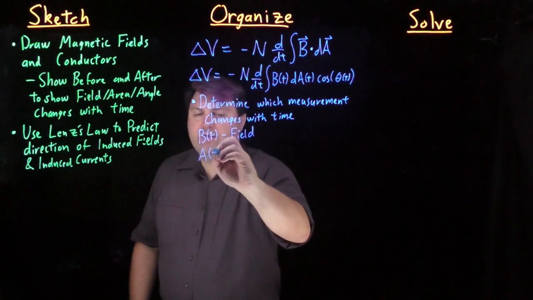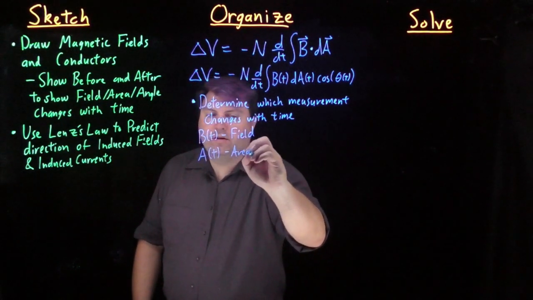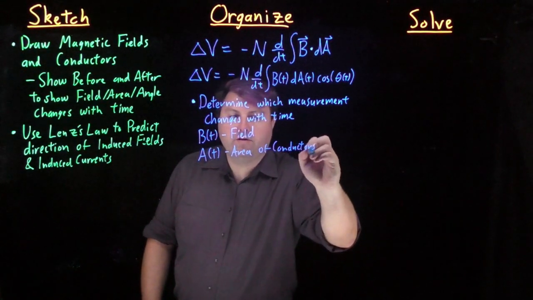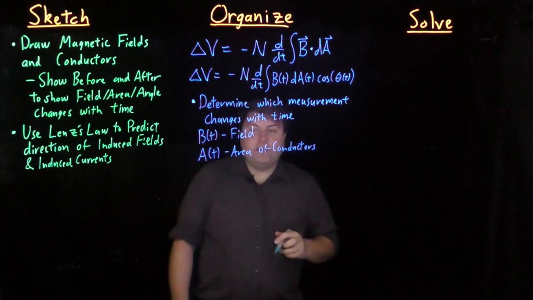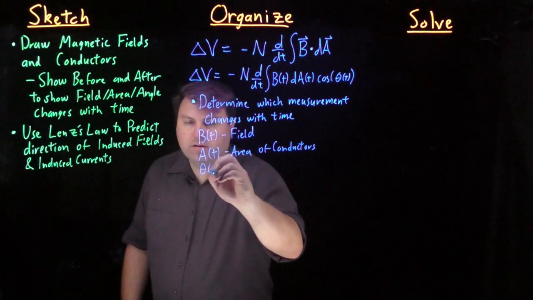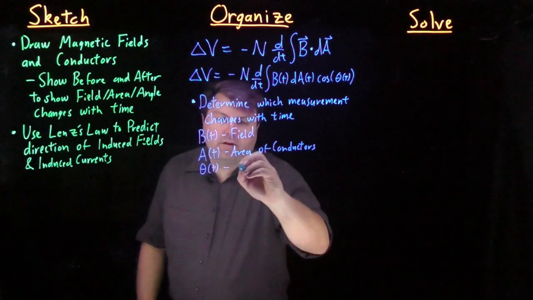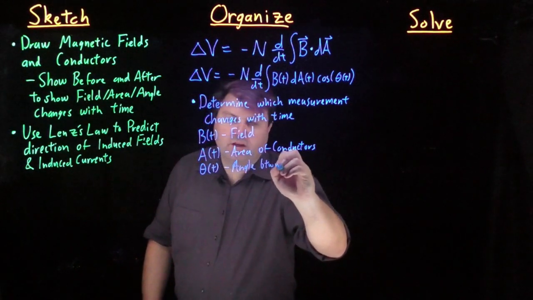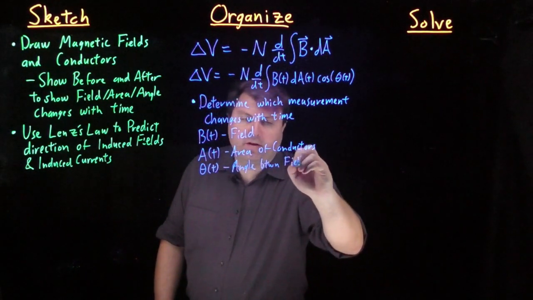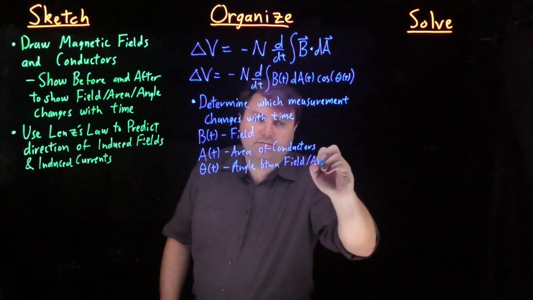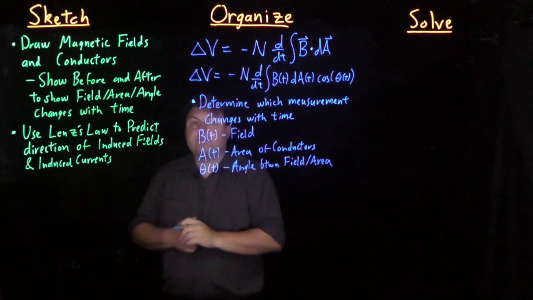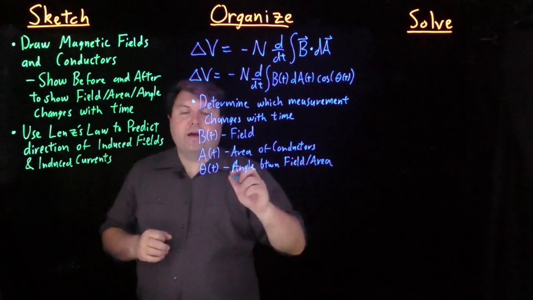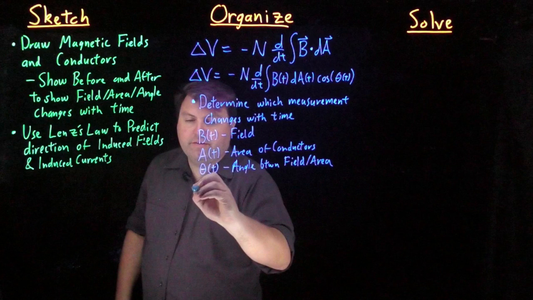This could be A of t, the area of our conductors. Or this could be theta of t, the angle between our field and area. So we need to determine which of these is changing in order to then eventually take a derivative.